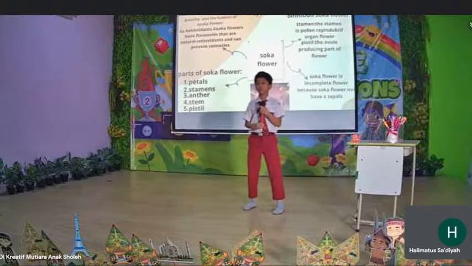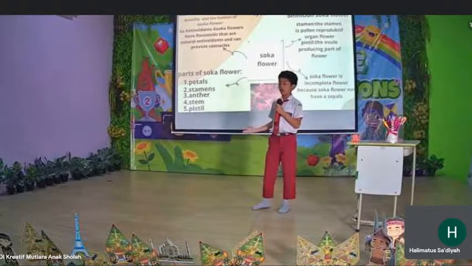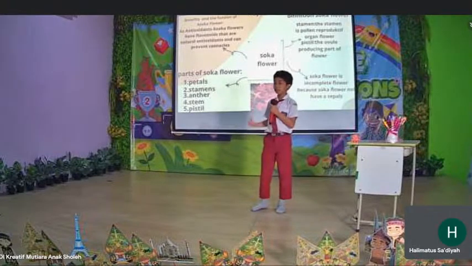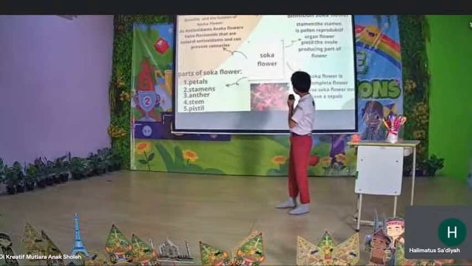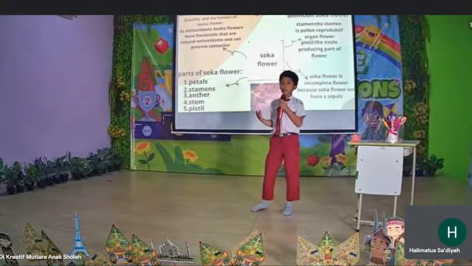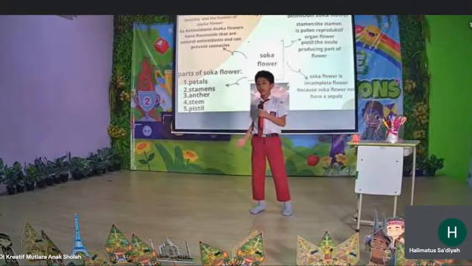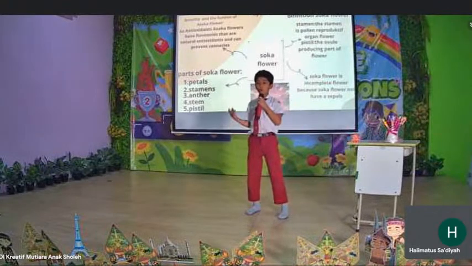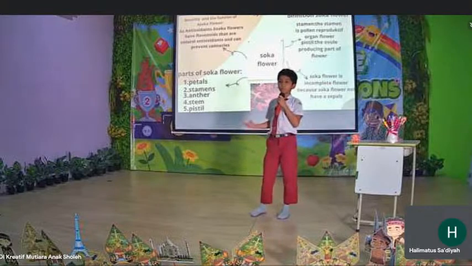And the definition of the parts: the stamen is the pollen reproductive part, and the pistil is the ovule part of the Soka flower.